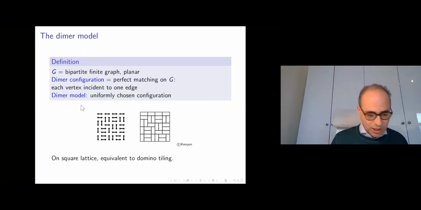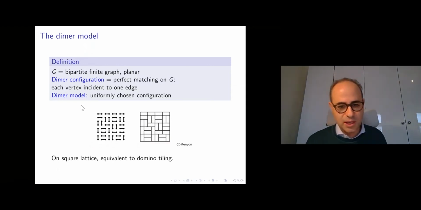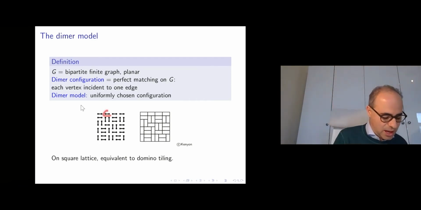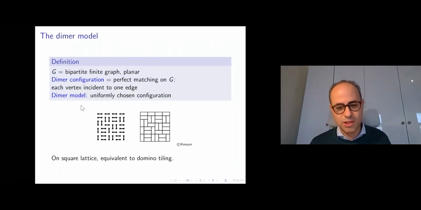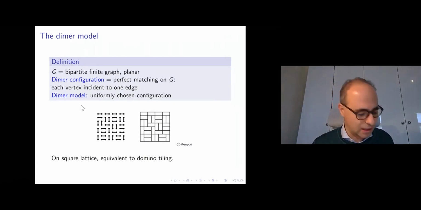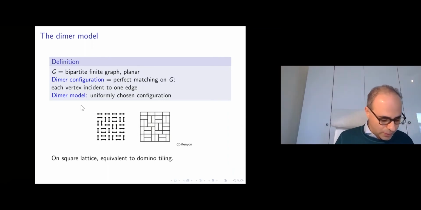And what you can see from a picture like this is that if you do it on a square lattice, then that's really the same thing as domino tiling, because you can think that for every dimer edge, you're gluing together two adjacent squares. That gives you a 2x1 rectangle or a domino.